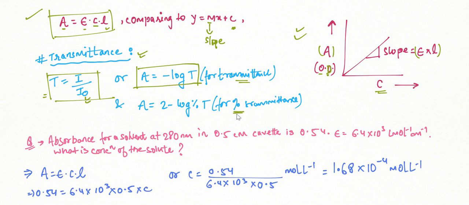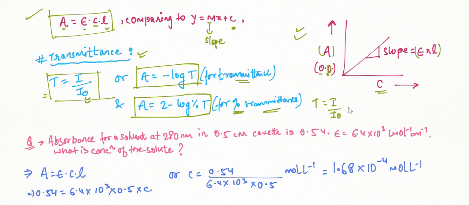However, when percentage transmittance is given in the question or in some problem, then we are going to use this formula, which is A is equal to 2 minus log percentage of T. So basically it's a very simple formula. Basically transmittance is equal to I divided by I0.